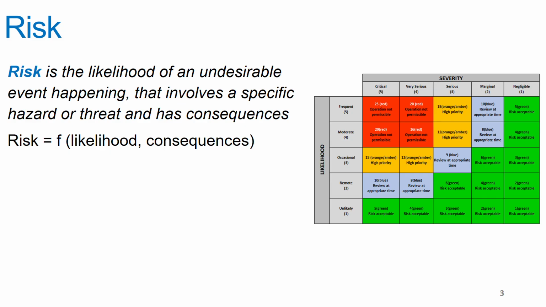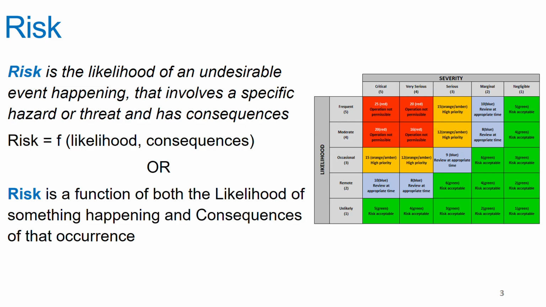Whenever you are describing risk, there should always be a likelihood of something you don't want happening, and you also look at the consequences when and if that particular undesirable event happens. In other words, risk is a function of both the likelihood of something happening and the consequences of that occurrence.